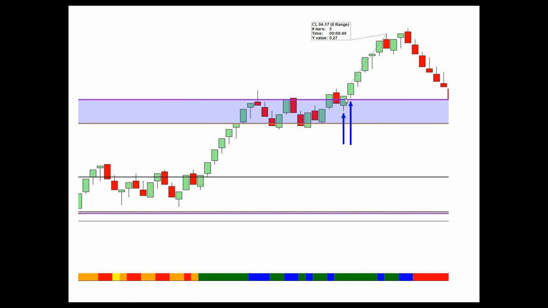This candle with the first blue arrow doesn't. If you want to take your entry one tick above, you're taking a more risky trade, but you're trading in the direction of order flow. If you want to take this candle that has a clean technical break of resistance, this is a very low risk, high probability winner. And that goes 27 ticks.